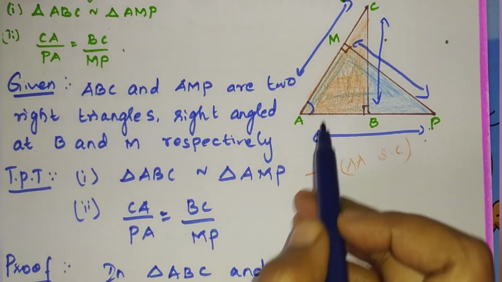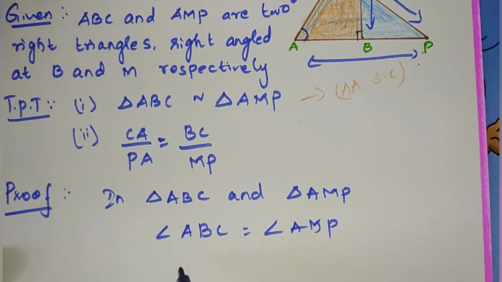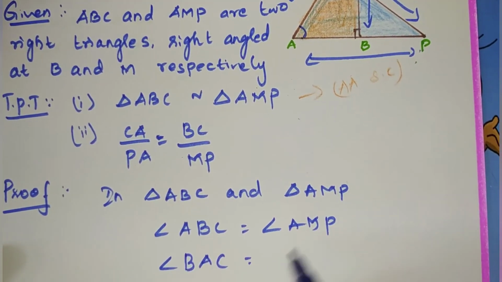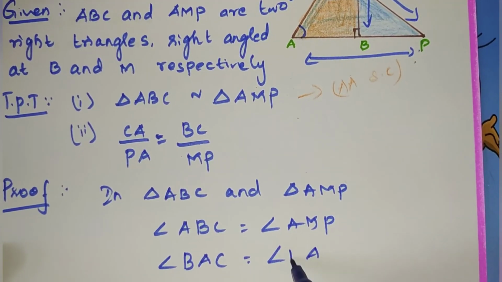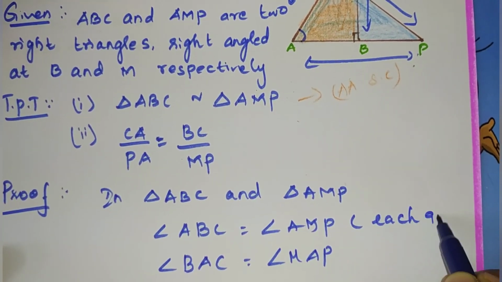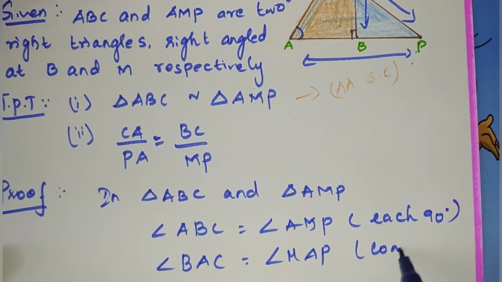Then mention angle A, so BC is remaining, and here angle A, MP is remaining. So each is 90 degrees, and angle A is common.